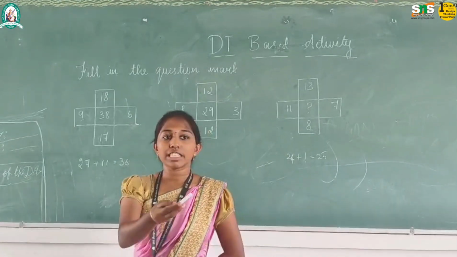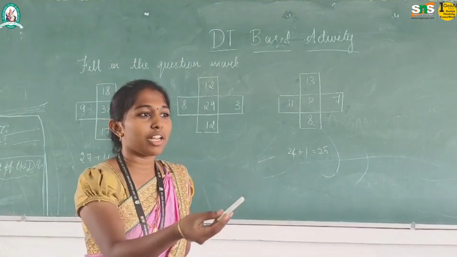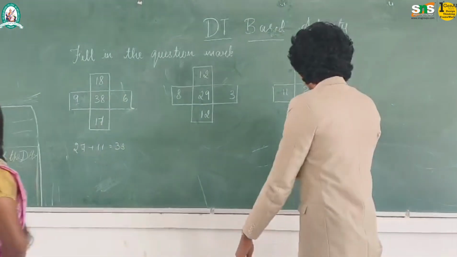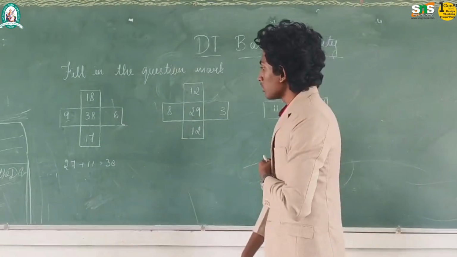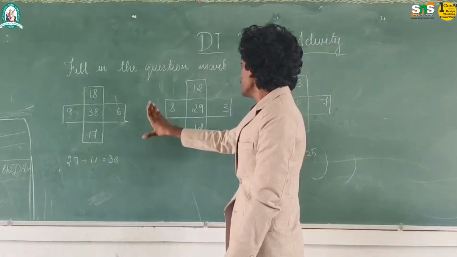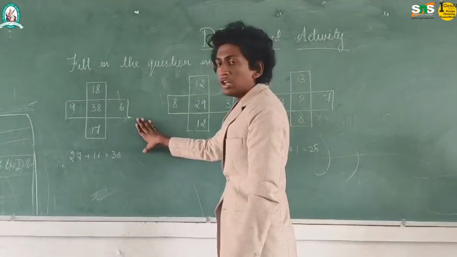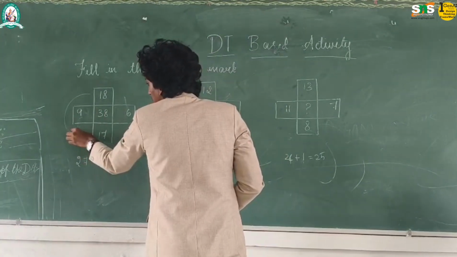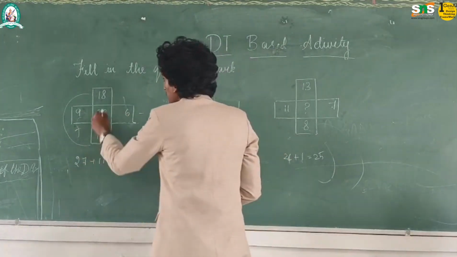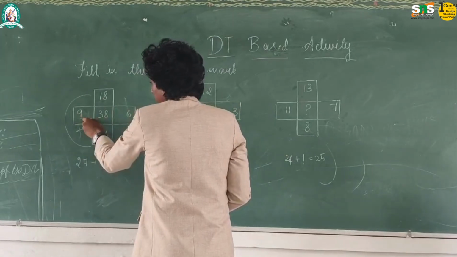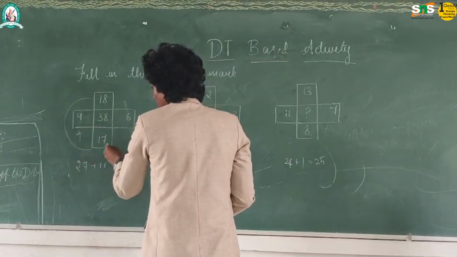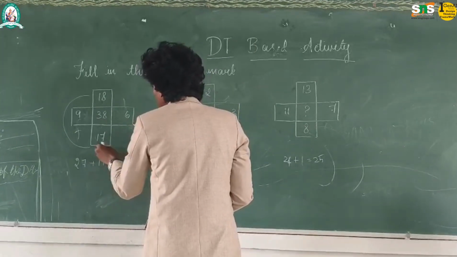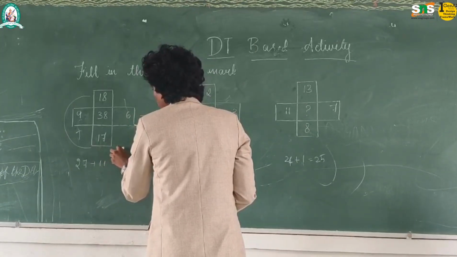Abhilash and Darshini Priya can come and explain the next one. So you will take the question mark on this in the way you have. 18 plus 9 is 27, 27 plus 17 is 44.